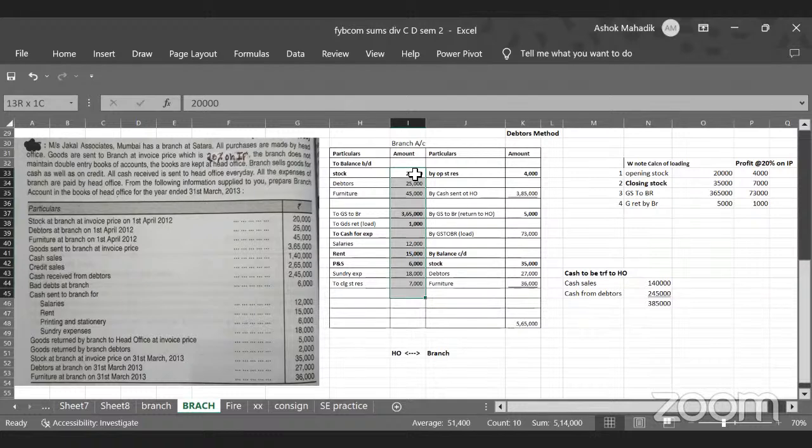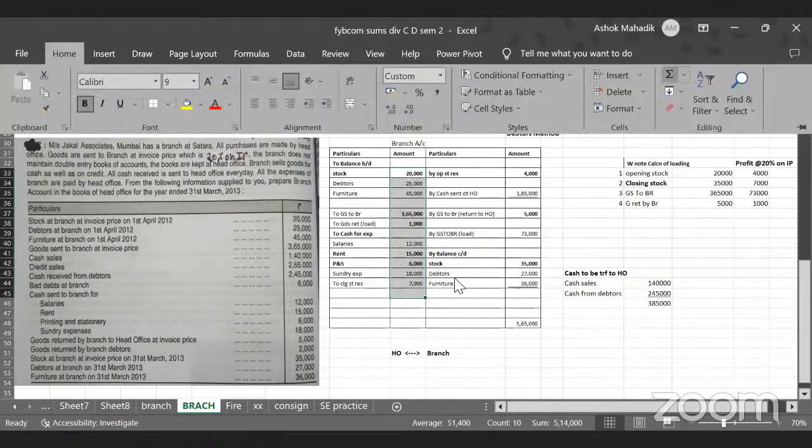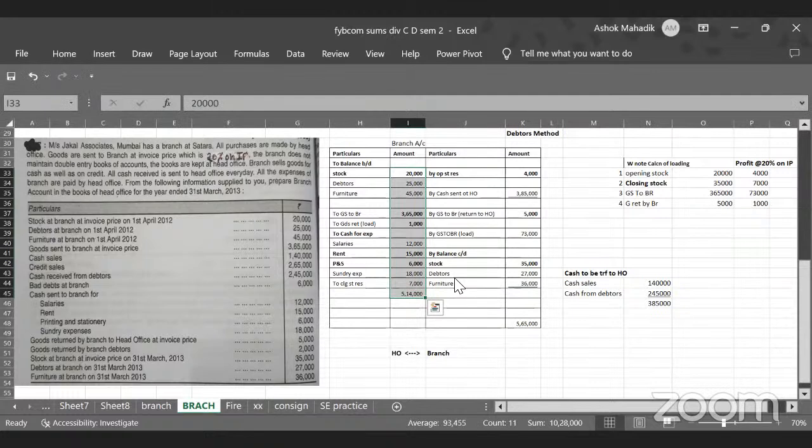So this will be your profit. P&L. Okay. 51,000. Clear? I hope you have understood how to solve branch account sums.